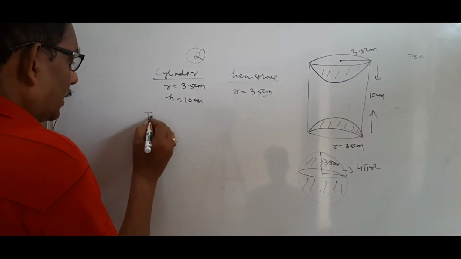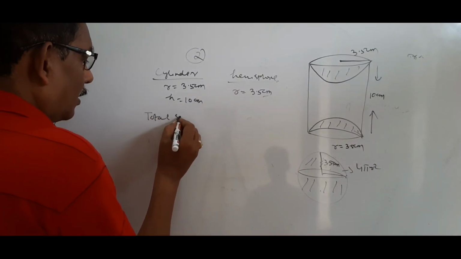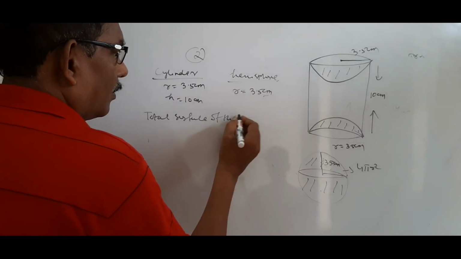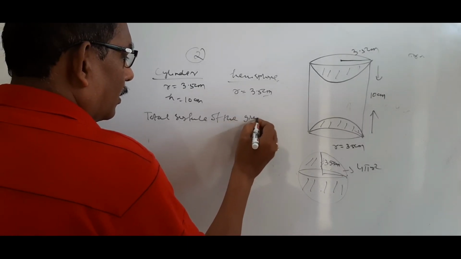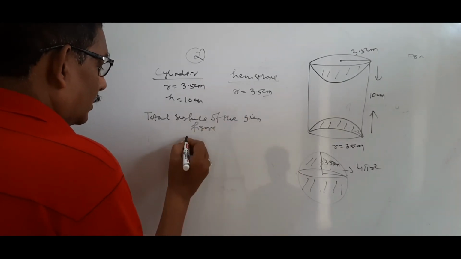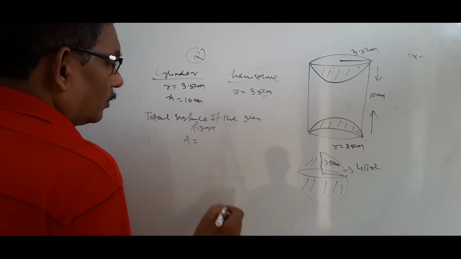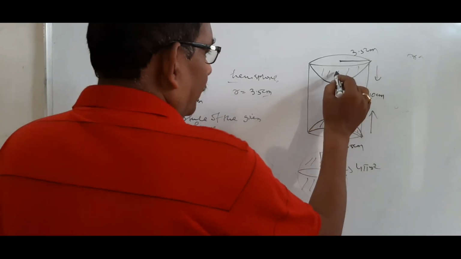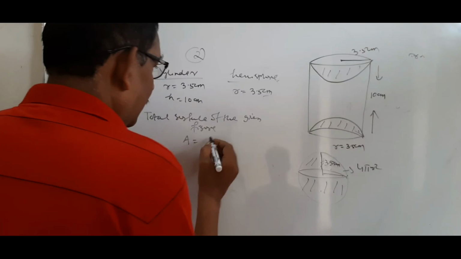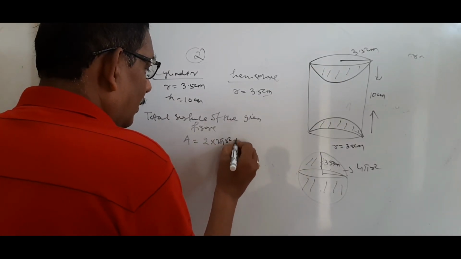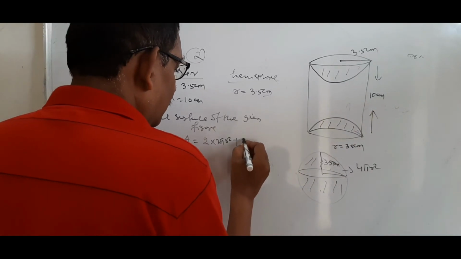The total surface area of the given figure A is equal to the surface area of the hemispherical parts, that is two hemispherical parts, 2 into 2 pi r square, plus 2 pi r h.